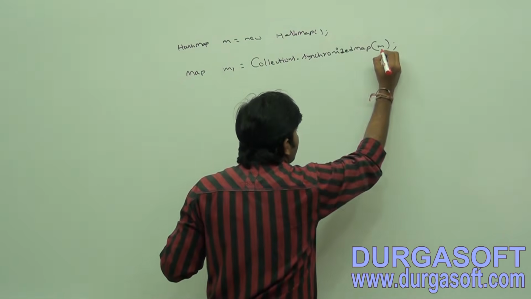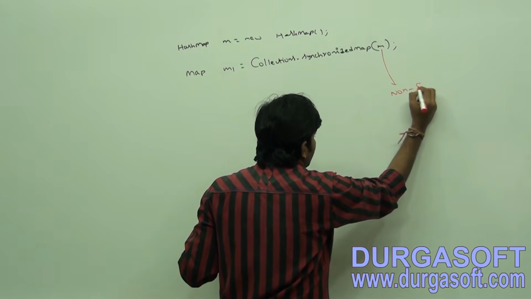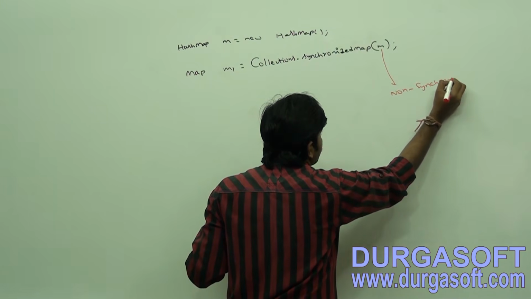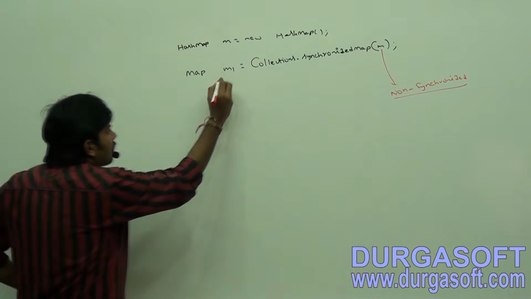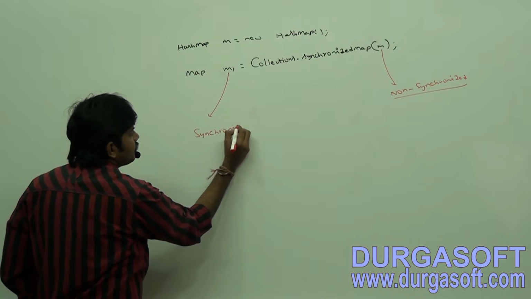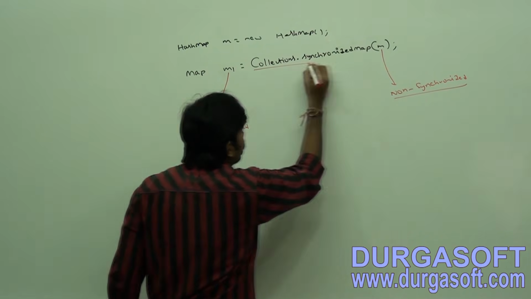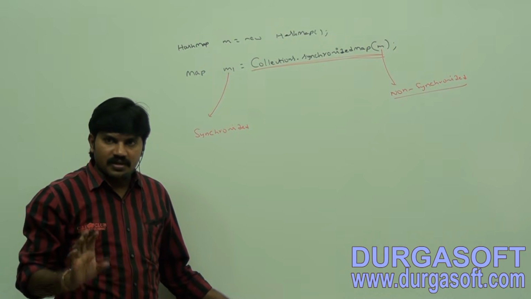Do you know this m is not thread safe, it is non-synchronized? But the resulting map we get is synchronized. And which method do we call? Collections.synchronizedMap method. Clear for all of you, right?